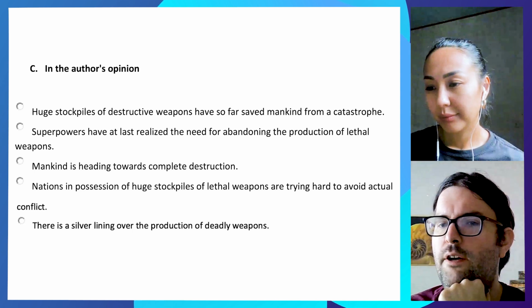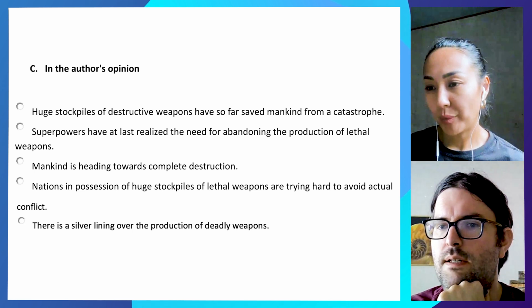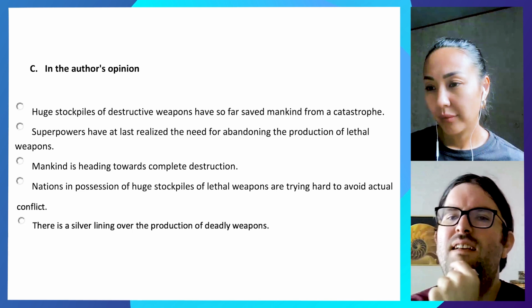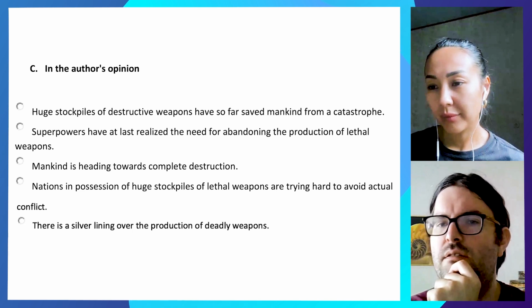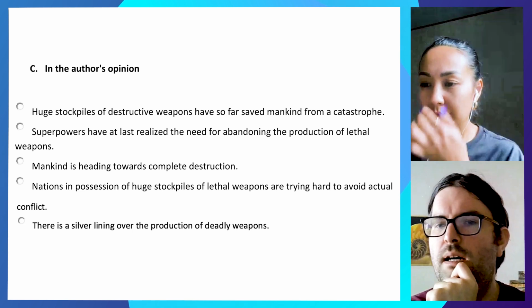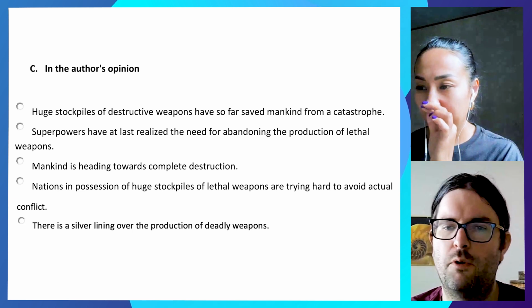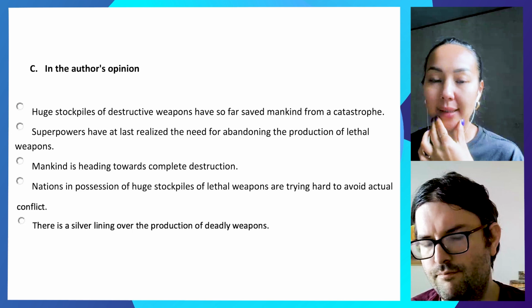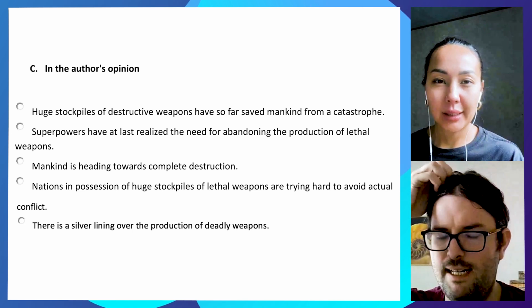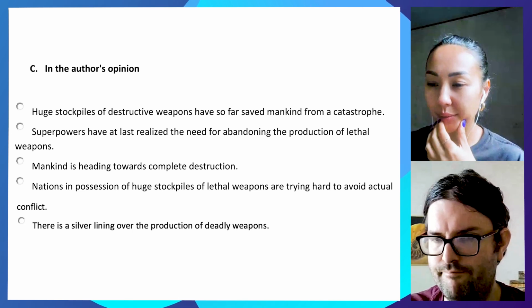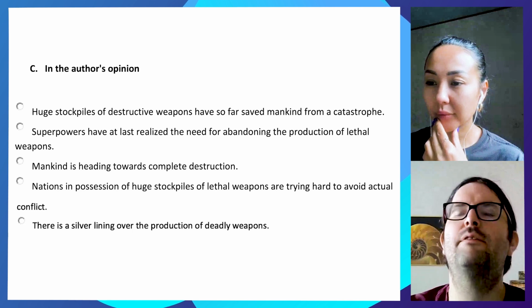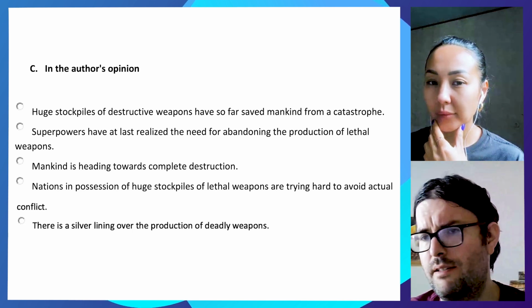There is a silver lining over the production of deadly weapons. I think it's the fourth. Lethal means dying, right? Deadly. Deadly, okay. Yeah, exactly. Lethal, extremely dangerous at least.